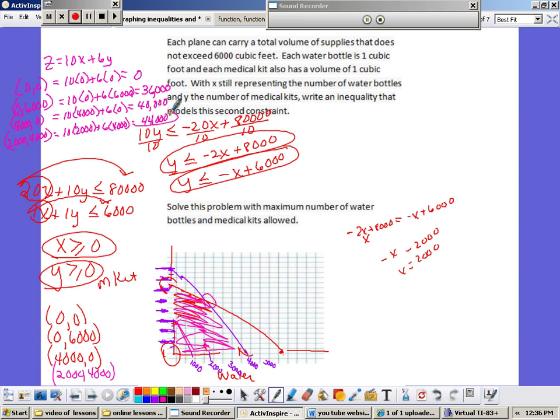So 44,000 people can be helped. So how many should I have? To maximize it, I should take 2,000 waters and 4,000 medical kits to help 44,000 people.